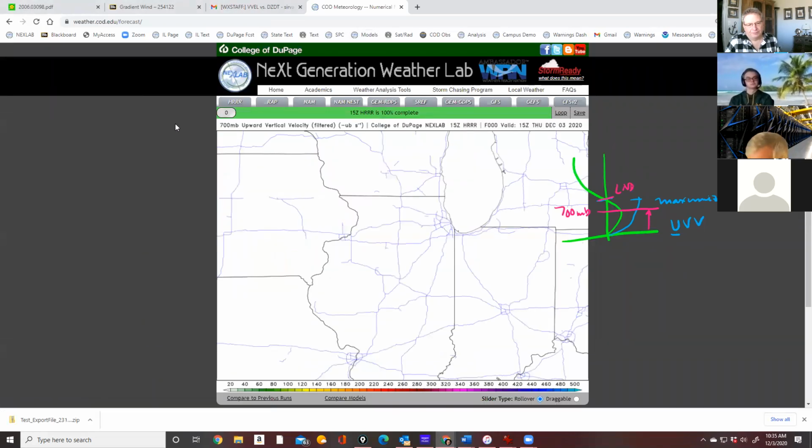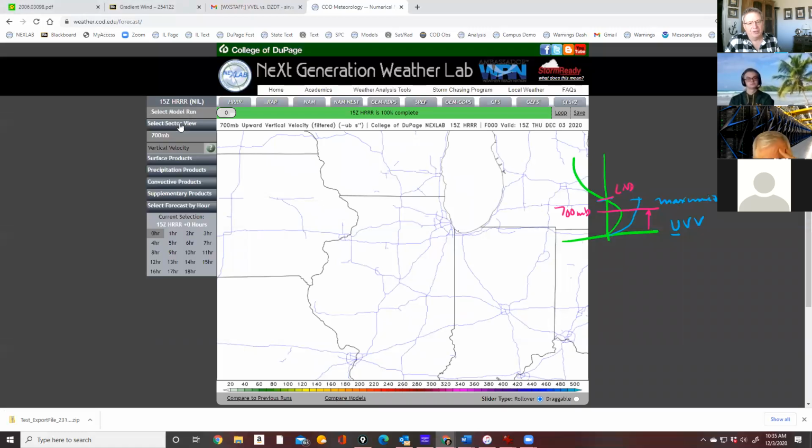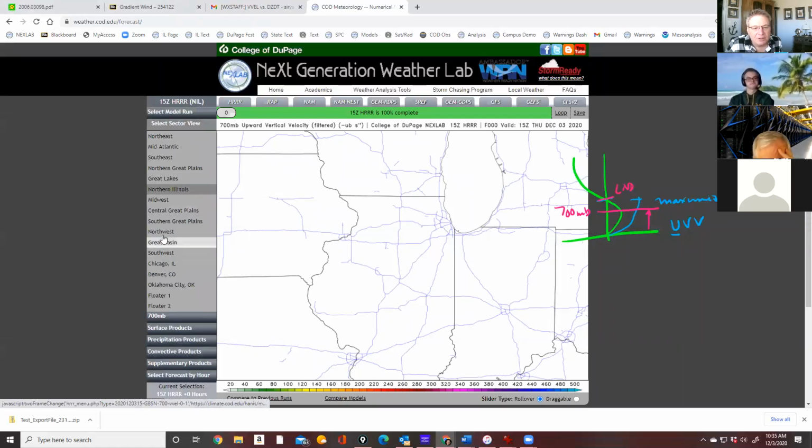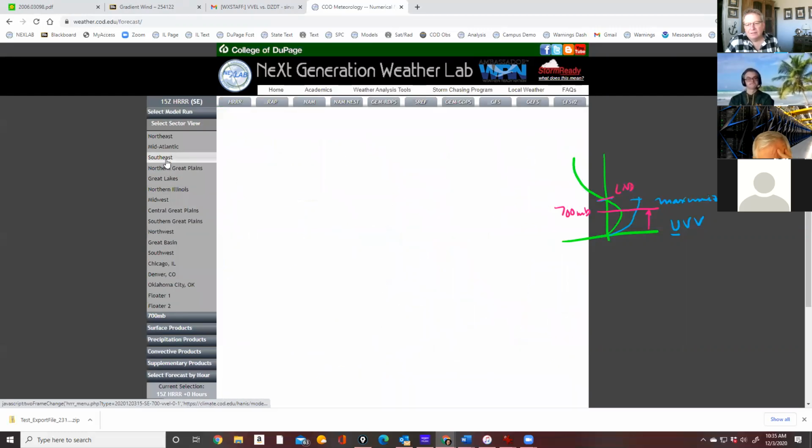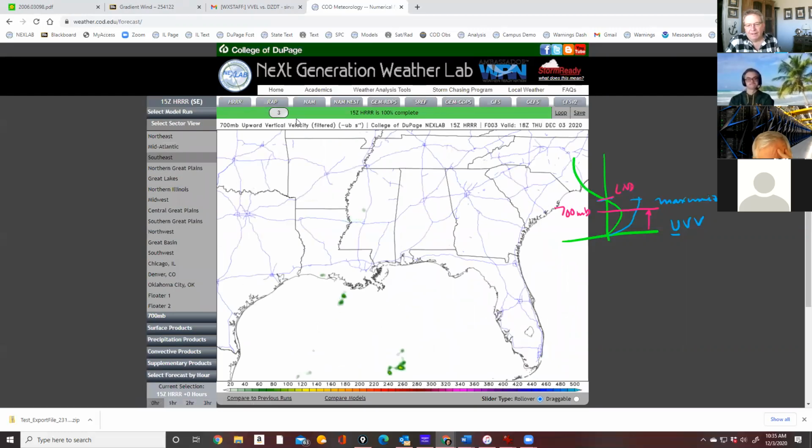It probably is not going to help unless I use some more way to sort this out. I'm finding that to find updrafts. The strongest updrafts are right there. There's one over southern Louisiana, just a little bit.